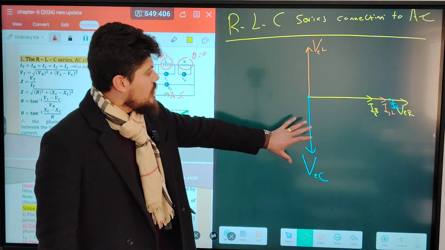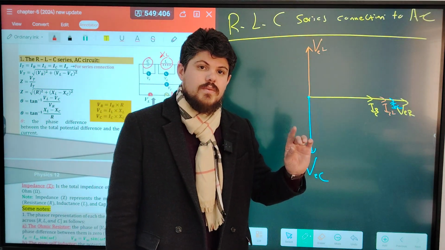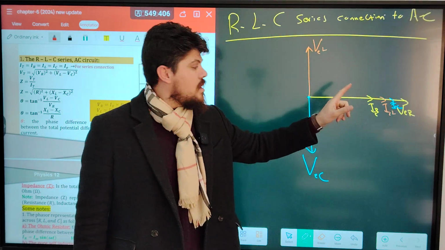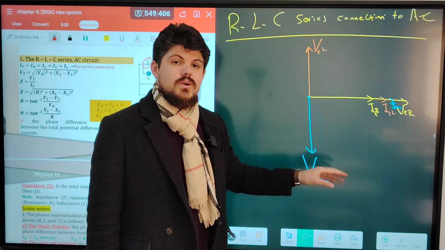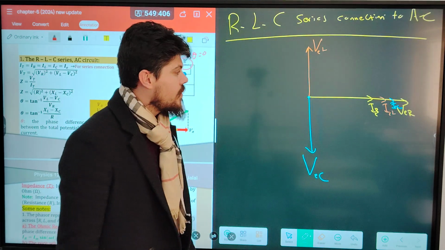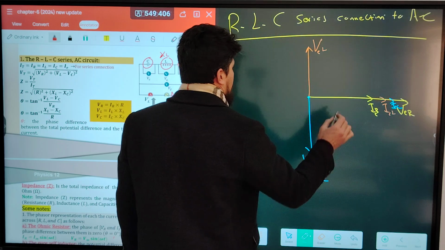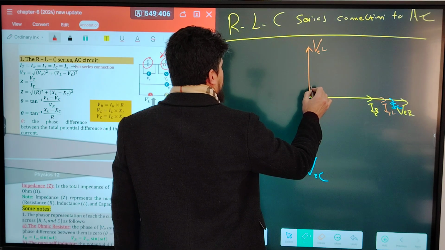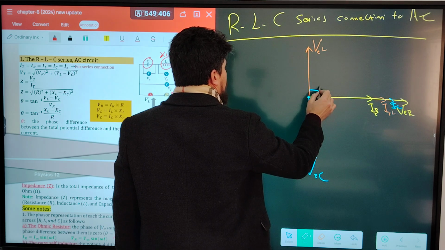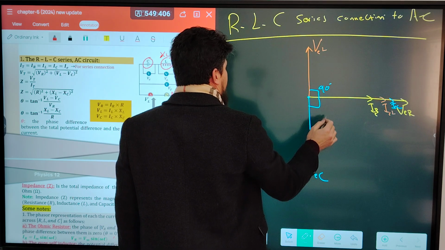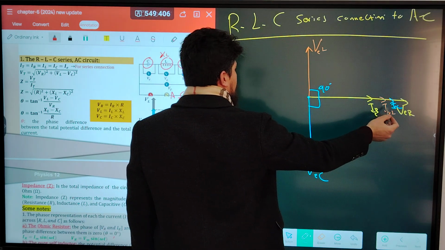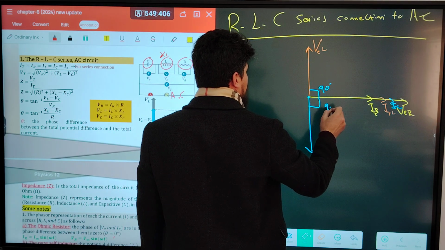I draw all of them together in one figure. This is the RLC series connection, and all of them have the angular speed which is rotating, sine omega t. And guys, the angle between the potential difference across L and VR is 90 degrees. The angle between the potential difference across capacitance and the potential difference across resistance is also 90.